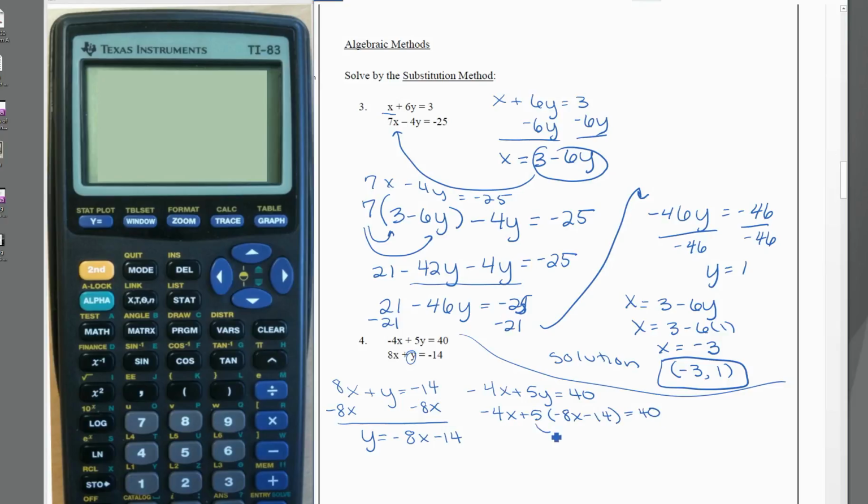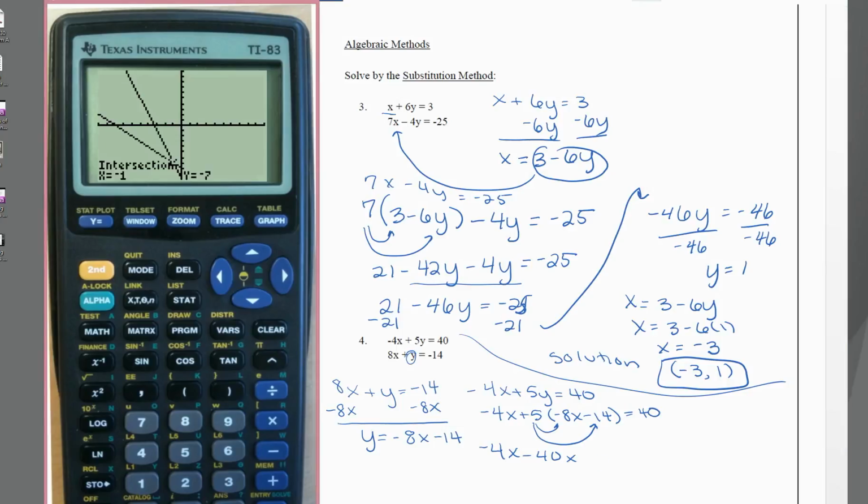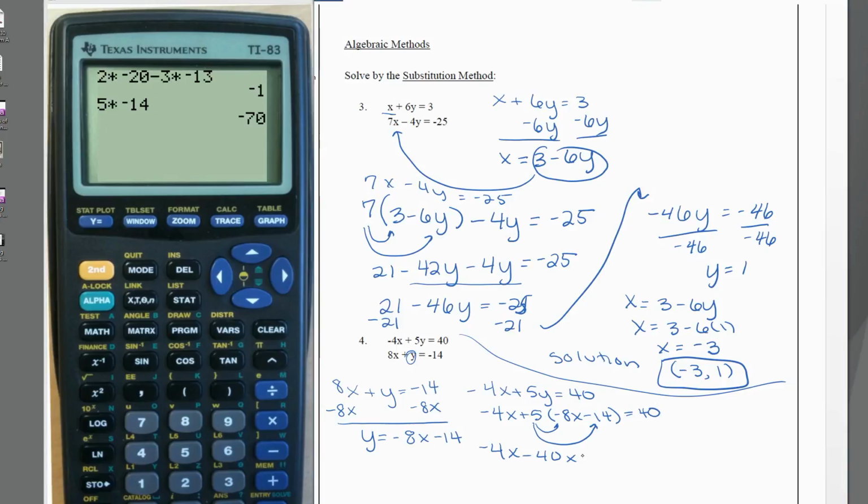So I'll distribute this 5. So negative 4x, and then we'd have negative 40x. 5 times negative 14 is negative 70 equals 40. So I'll combine my like terms here.